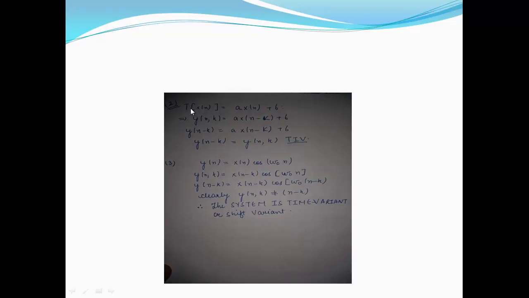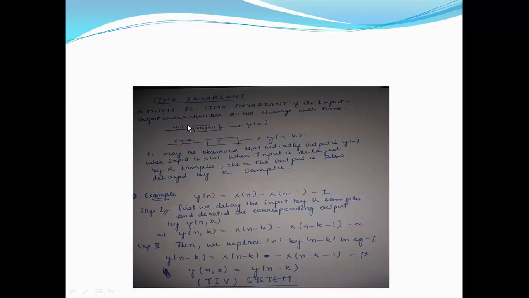T is the response of the system. I am supplying x(n) to the system, so I represent the system by T. So system T is what the system does to x(n), and the other is y(n). Just the terminology we use.